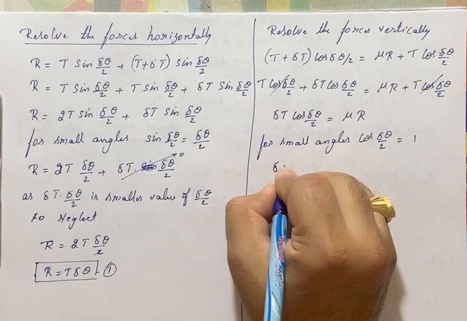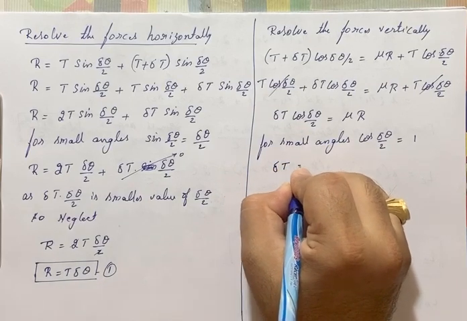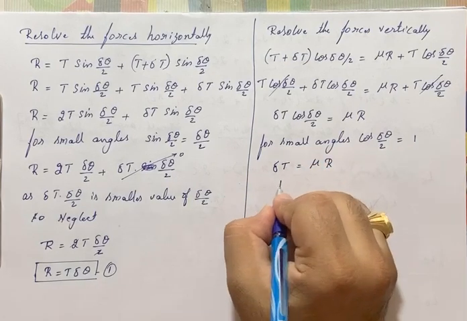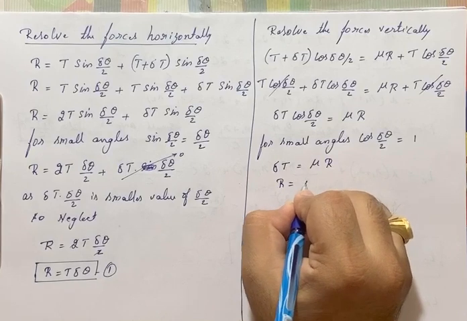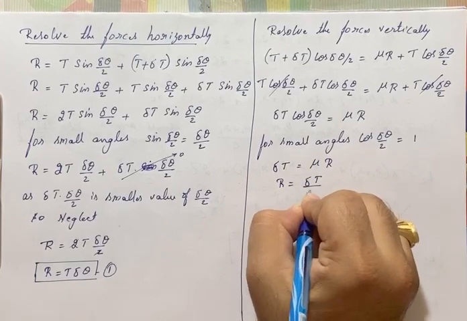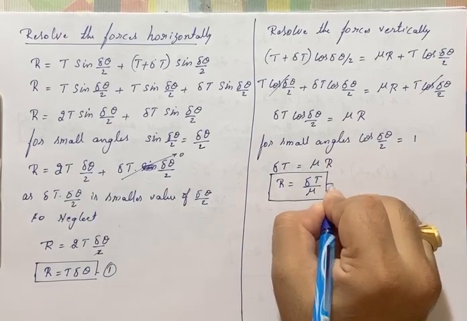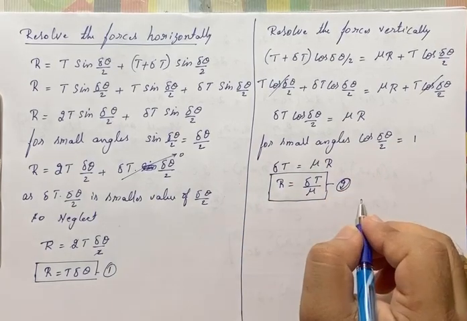That is, delta T equals mu into R. So R equals delta T by mu. Call this equation number 2.